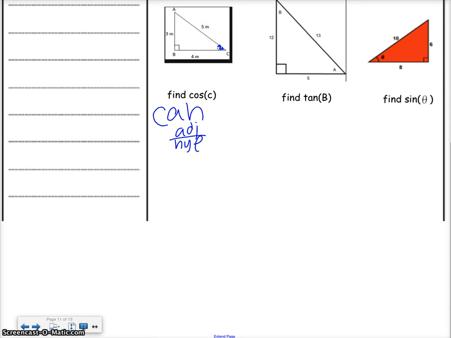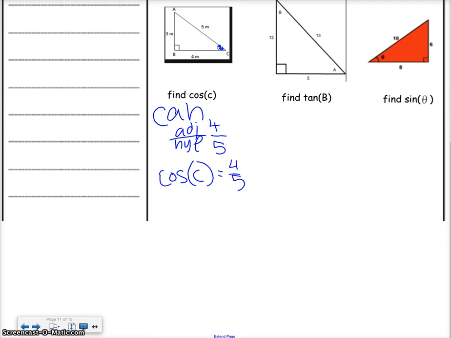So adjacent to C is 4. Hypotenuse is opposite the 90-degree angle. And so, 4 over 5. And I'm going to say leave it as a ratio if you can. Sometimes you have to turn it to a decimal, like the first one that we did, because it was 2 decimals. But if you can leave it as a fraction, leave it as a fraction, okay? So the best thing would be cosine C equals 4/5. It doesn't matter if you do that or not.